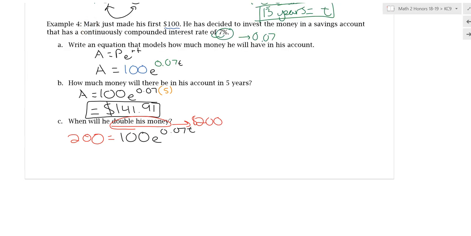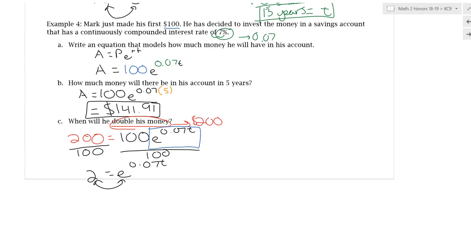So same way, e is our base, and we're raising it to that power. So we're going to start by dividing by 100. 200 divided by 100 is 2 equals e to the 0.07t.